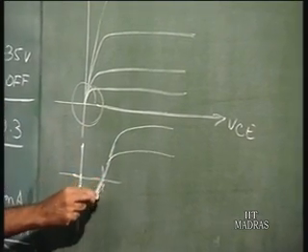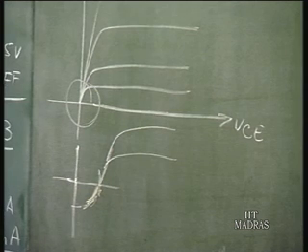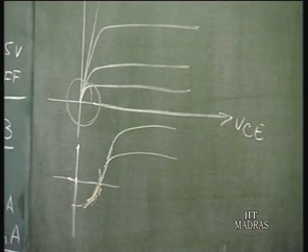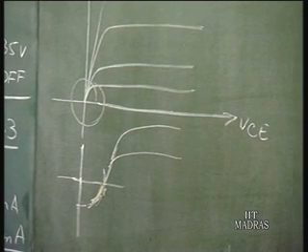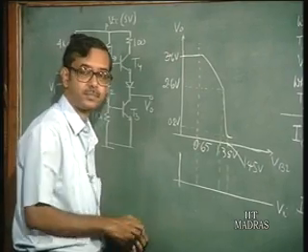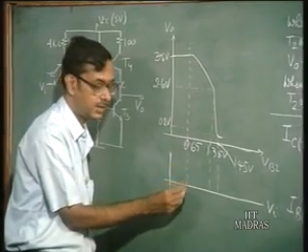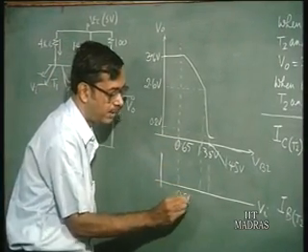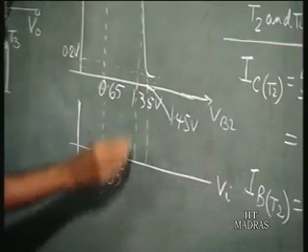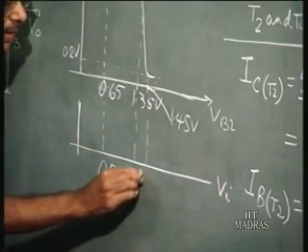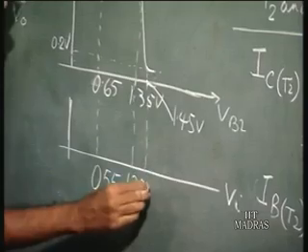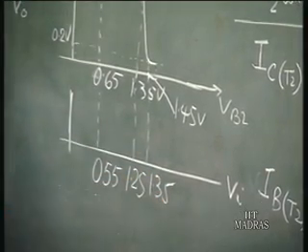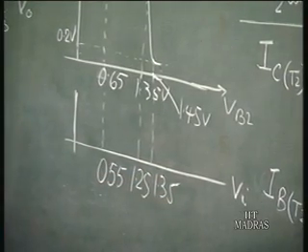What you have here is this 0.65 will become 0.55, 1.35 would become 1.25, 1.45 would become 1.35, and so on.